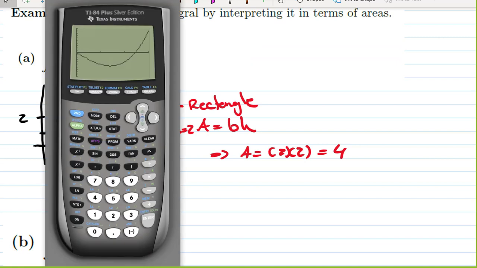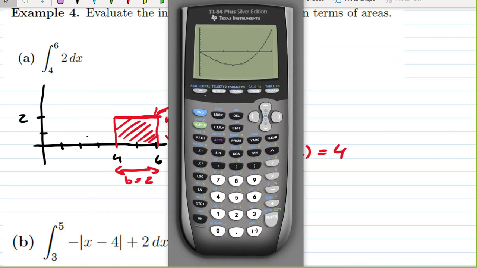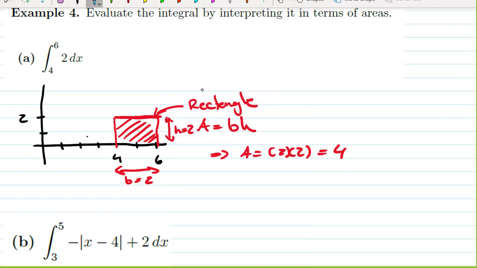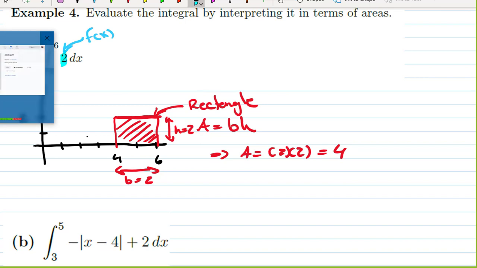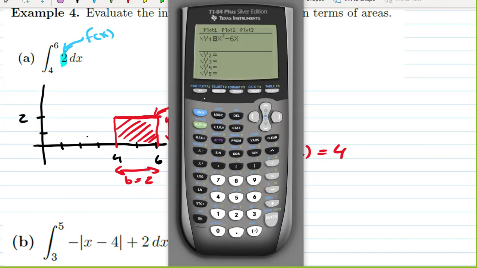So if I grab my graphing calculator, I am trying to graph the function. So this is my f of x is 2. So if I just put 2 into my calculator, I want to graph 2, and then I'm going to zoom back to my standard window.